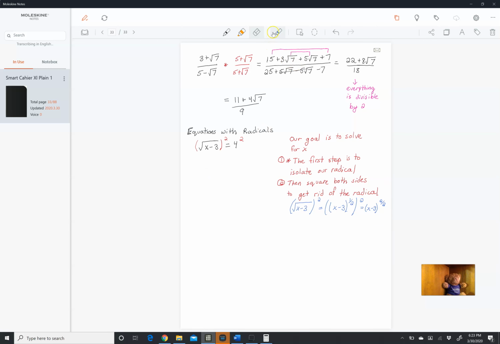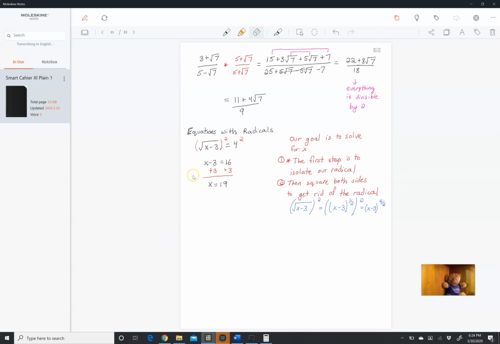So that's what's happening here. A square root and a square are inverse operations. They cancel each other out. They undo each other. So we wind up with x minus 3 is equal to 16. And then we want to add 3 to both sides. That gives us our x equals 19.